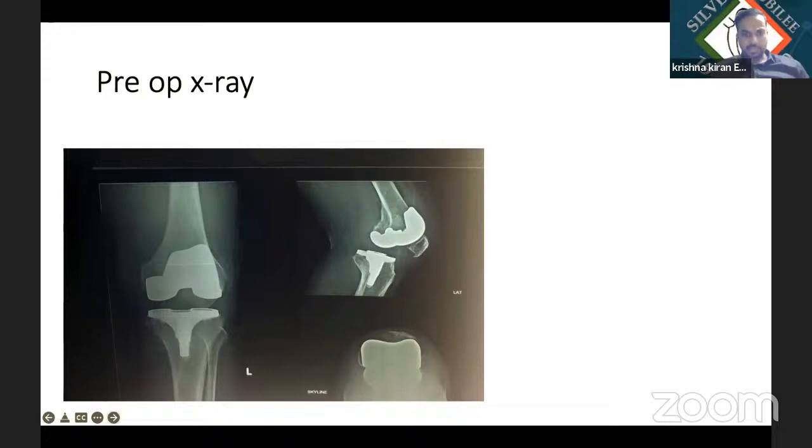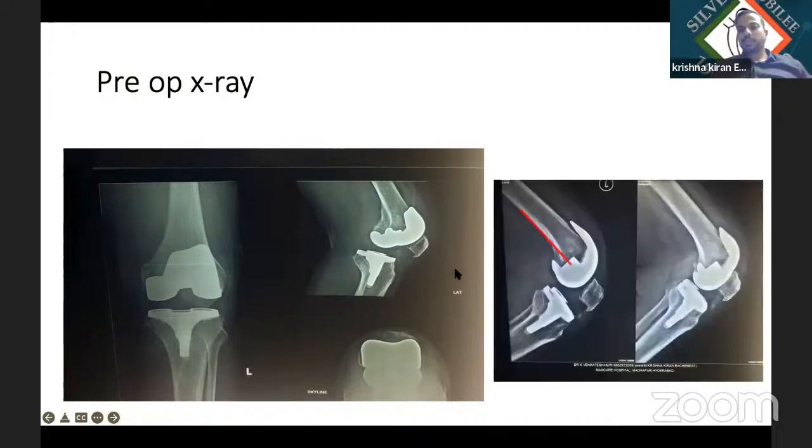The patellar tracking was reasonable. And when we retrieved the data, we found that the polyethylene thickness which was used was around 18 millimeter, and a PS plus poly was used in this particular case. And if you see here carefully, there is a tendency of this to subluxate back. So probably some issue with the flexion gap stability.